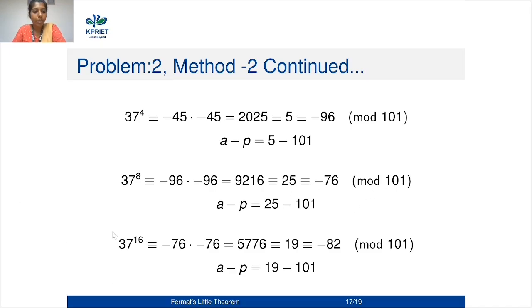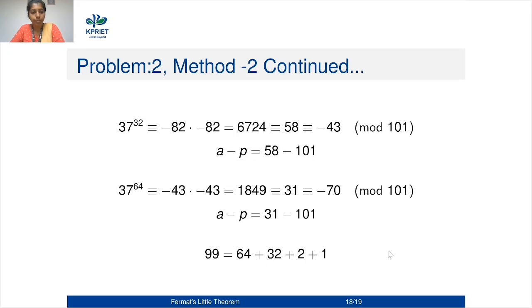Now increase the power: 37 power 16 is congruent to minus 76 into minus 76, which is 5776. If I divide this number by 101, I get the remainder 19. To have a negative remainder, 19 minus 101 gives minus 82.